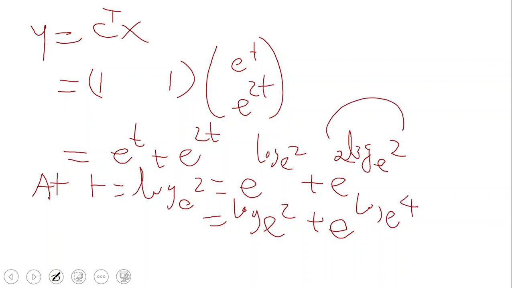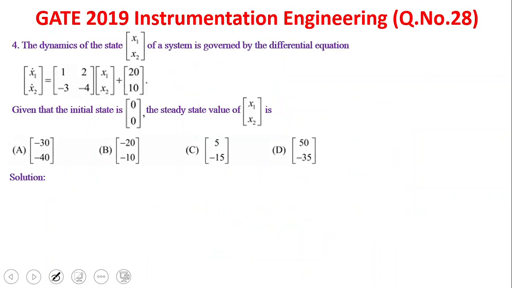This 2 will come here, 2 squared. If you use your calculator, you will get 6. So 6 is the answer. That's all. Let us move to the next question.